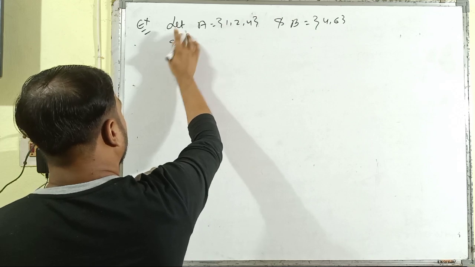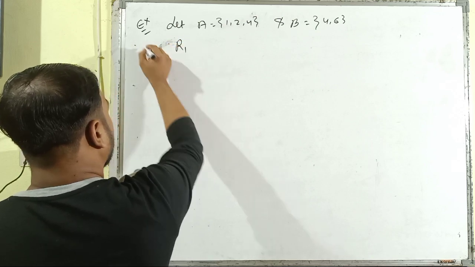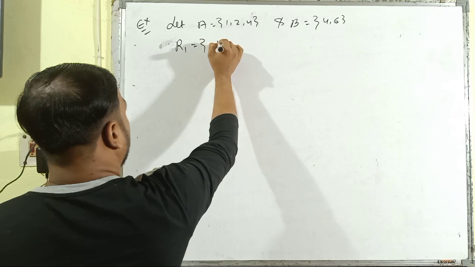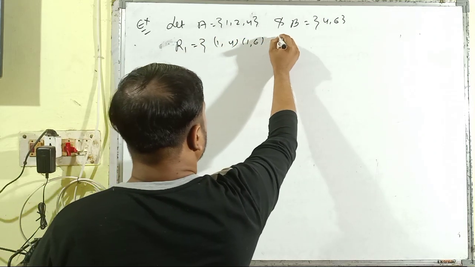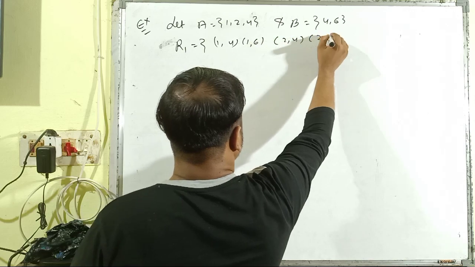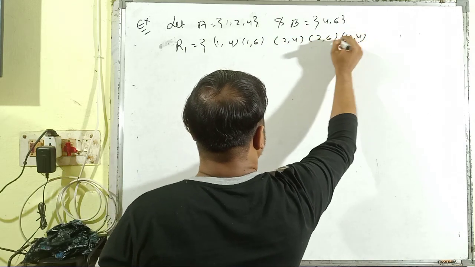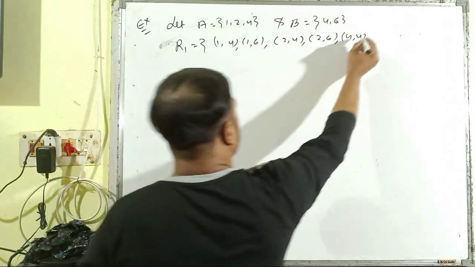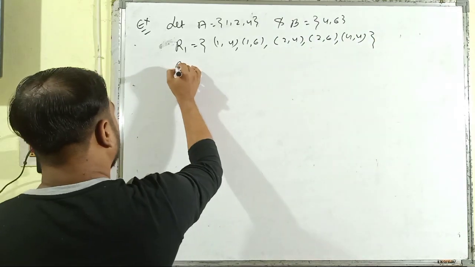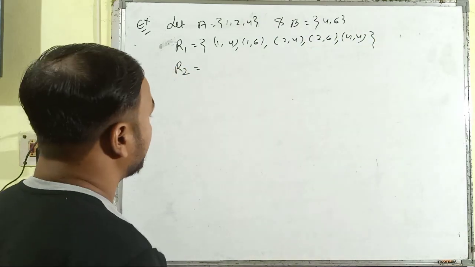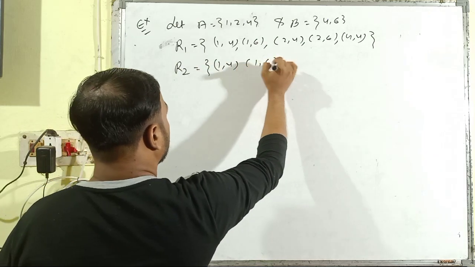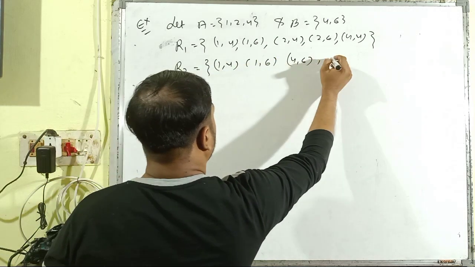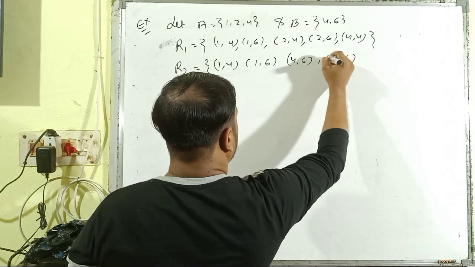Let R1 be defined as {(1, 4), (1, 6), (2, 4), (2, 6), (4, 4)}. Then R2 is again given as, suppose, {(1, 4), (1, 6), (4, 6), (6, 6)}.